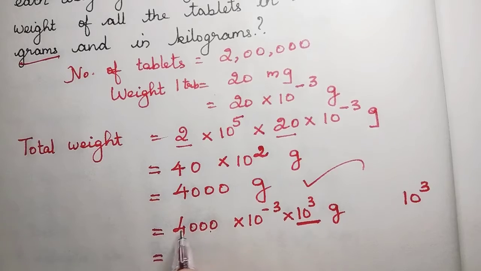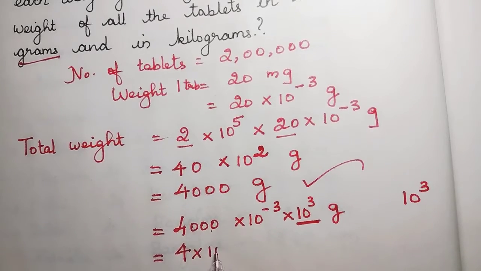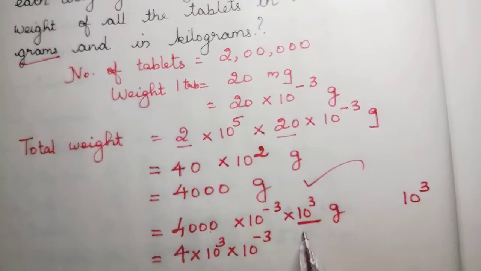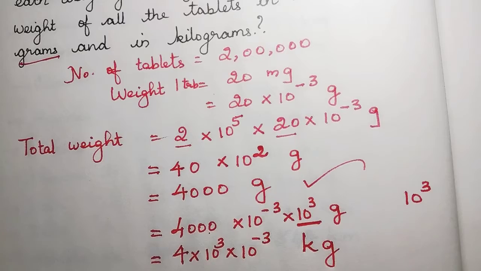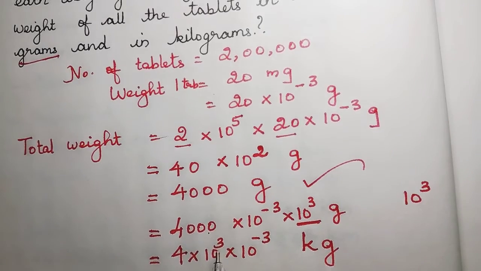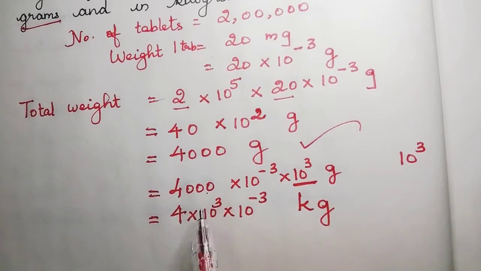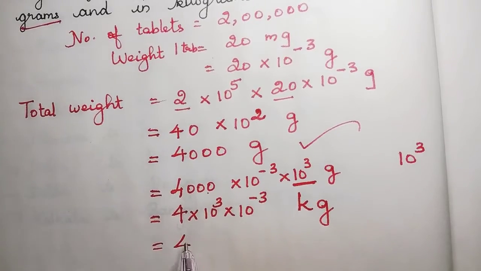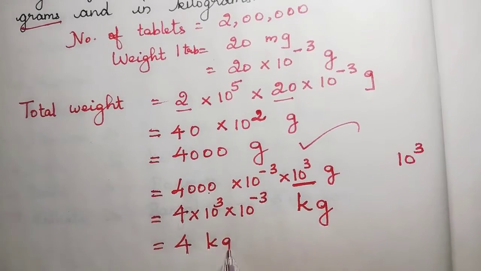Or else you can write this 4000 into 10 to the power 3 into 10 to the power minus 3. This 10 to the power plus 3 will become kilograms. So when you join this 10 to the power 3 and minus 3, both get cancelled and your answer is 4 kilograms.